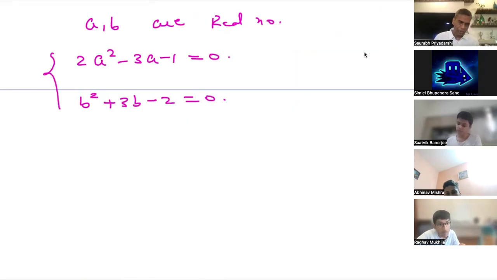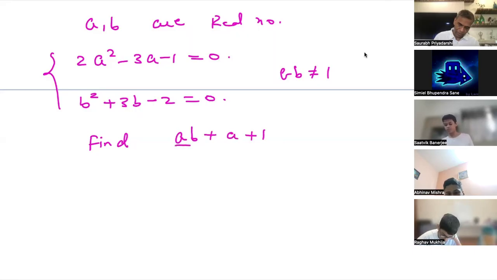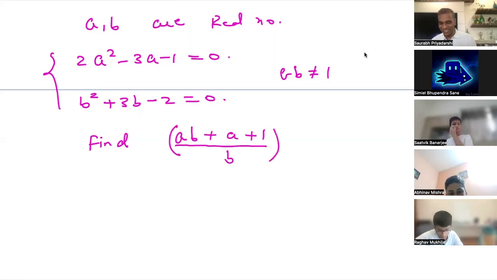These two are given, and it is given a into b is not equal to 1. Find the value of ab plus a plus 1 by b. This was the question. So that was given for, you know, what we are using.